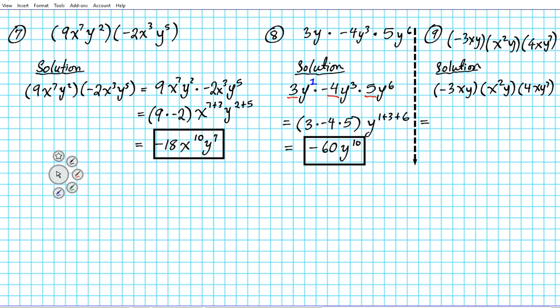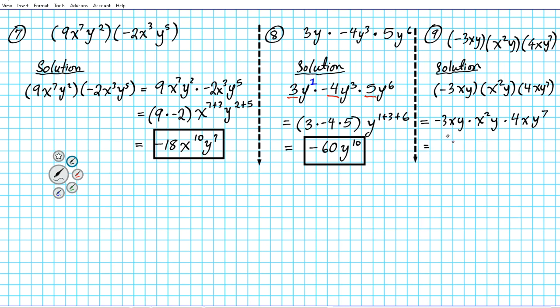So we're going to basically drop the parentheses. Alrighty, so if we do that, we'll have negative 3xy multiplied by x squared y multiplied by 4xy to the 7th.